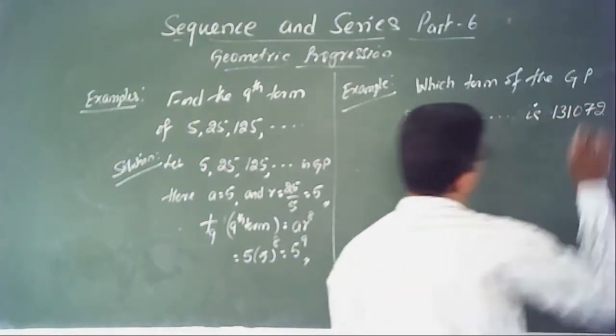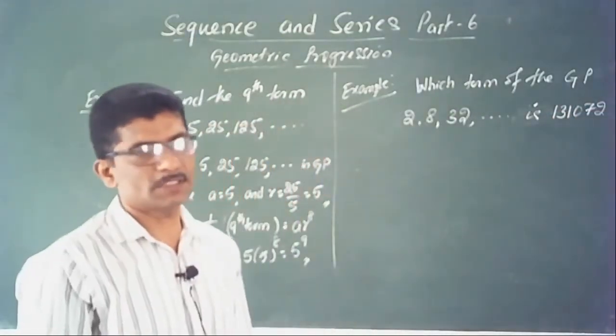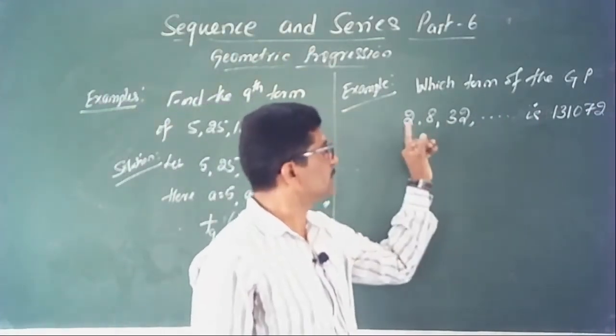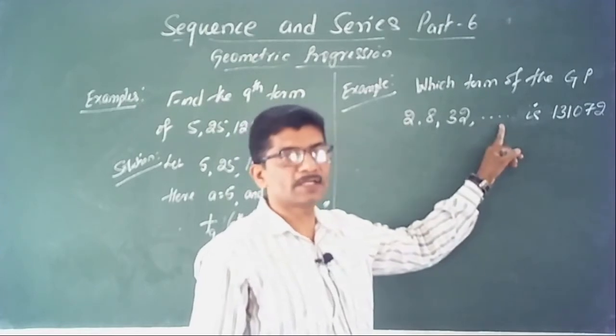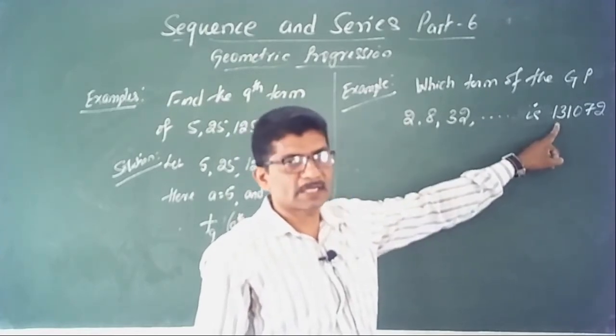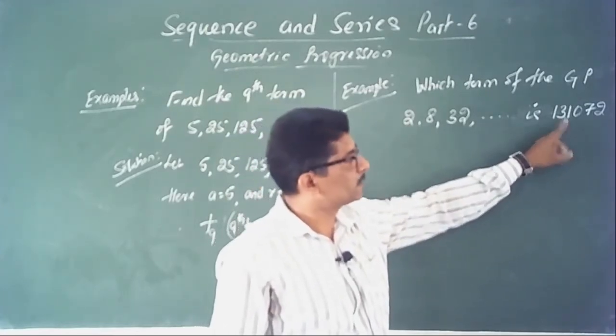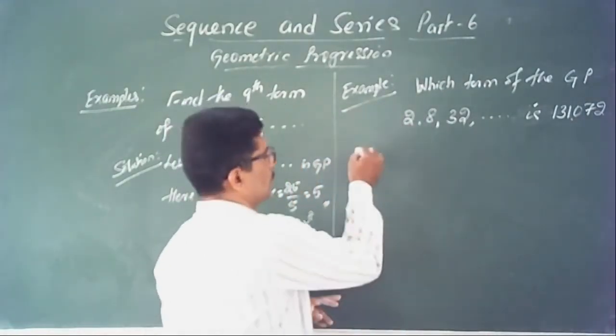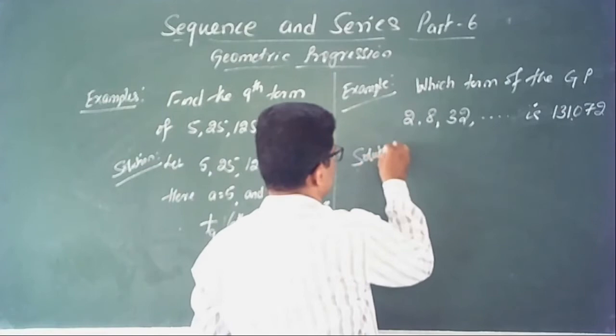Which term of the GP is 1,31,072? Again a 2 mark question. What will be the last term? 1,31,072. These are also simple questions.